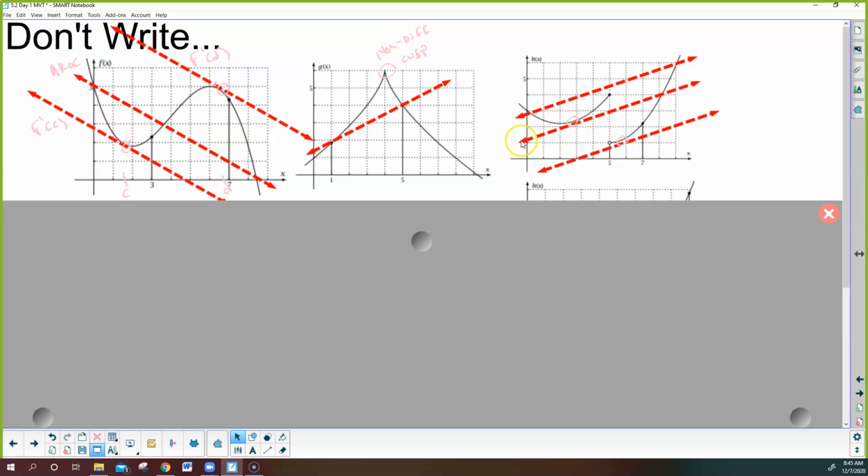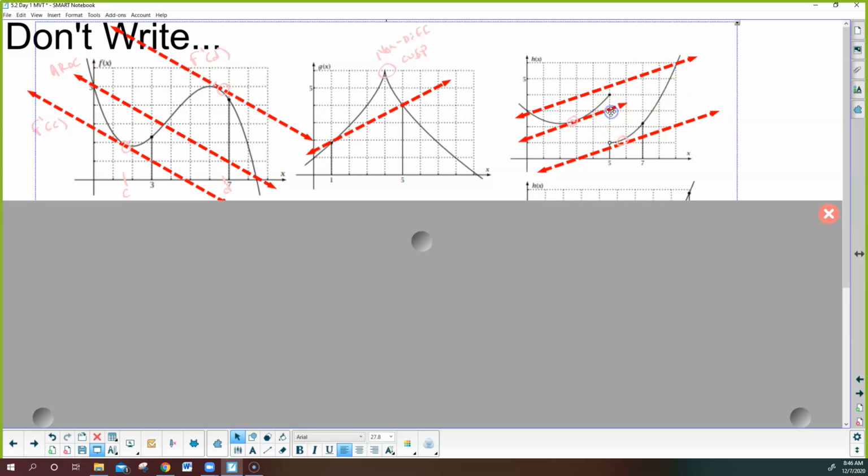Now notice, just because I say tangency doesn't mean it should touch the graph at one point. So here's the tangency point. That means we would not focus our line any further. Even though it goes through here, that's still tangent to this point. However, we have a big problem here. This point is on a function that is not continuous.